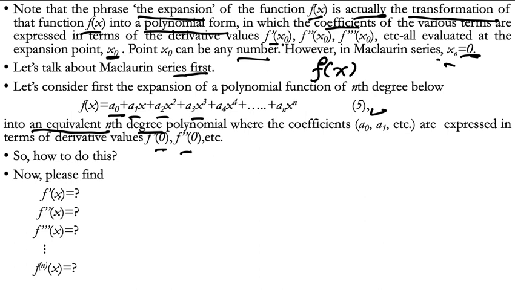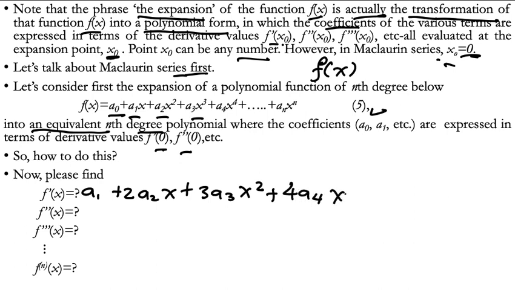Now please find f prime x. If we find f prime x from the original function here, we have a1 plus 2a2x, plus 3a3x squared, plus 4a4x cubed, plus until n times a n x to the power of n minus 1.